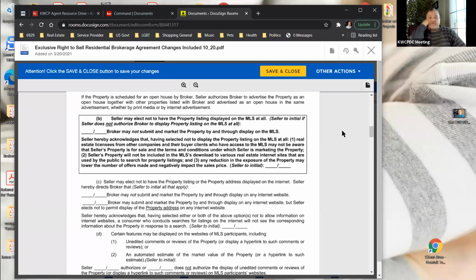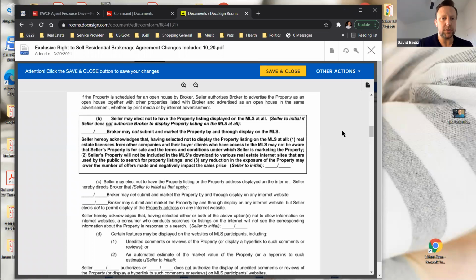All right. Now, paragraph B: seller may elect not to have the property listed and listing displayed in the MLS at all. Seller to initial if seller does not authorize the broker to display the property in the MLS listing. What do we commonly call that situation, guys?